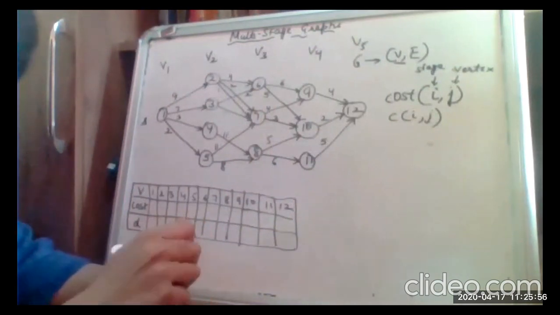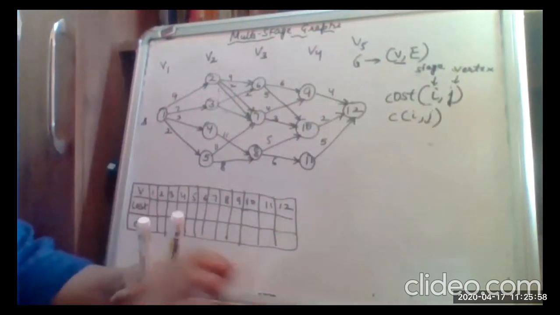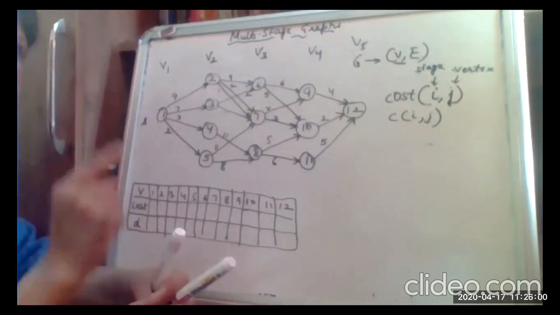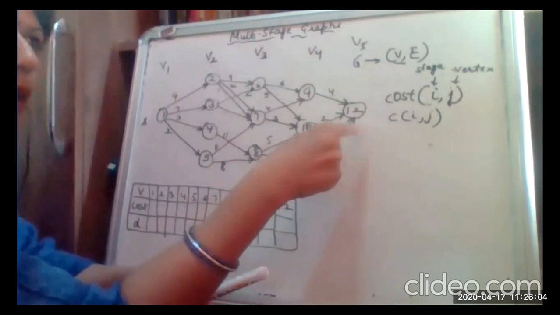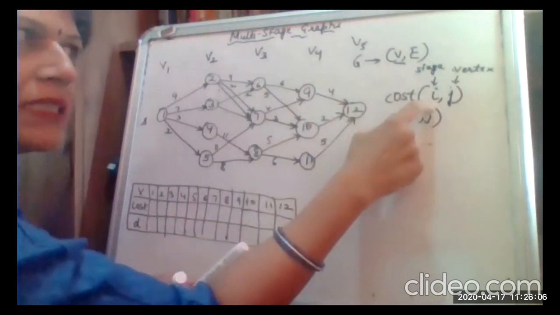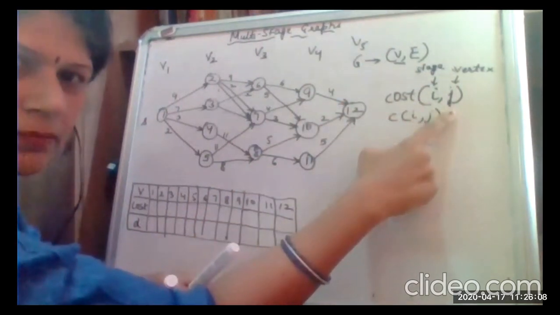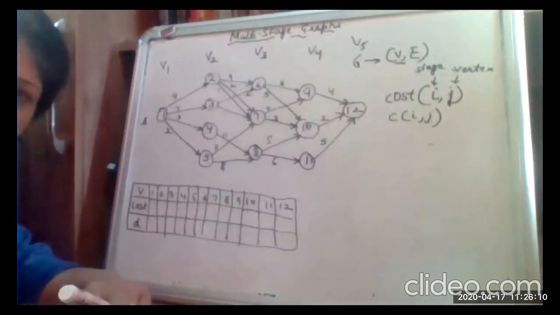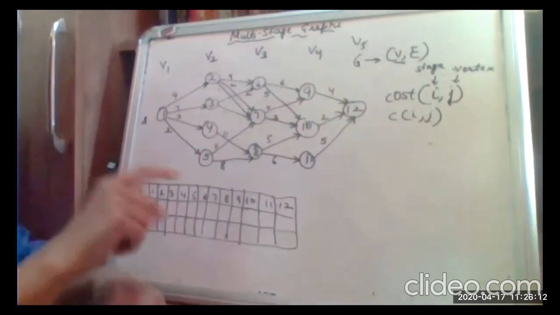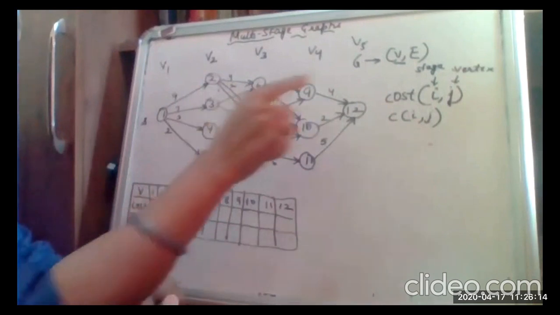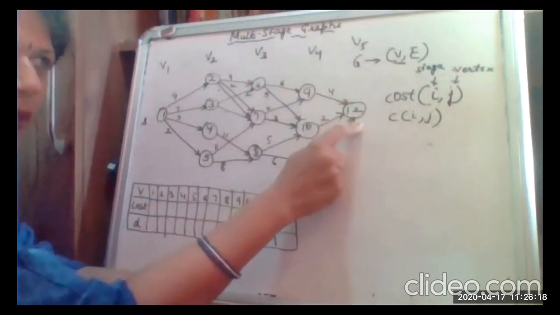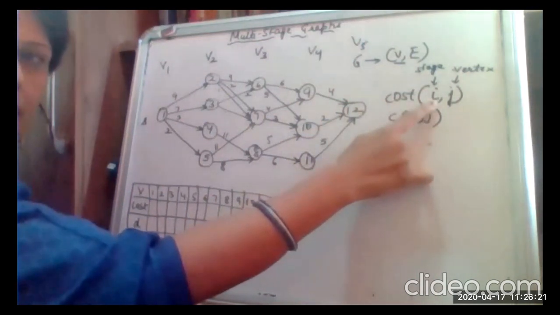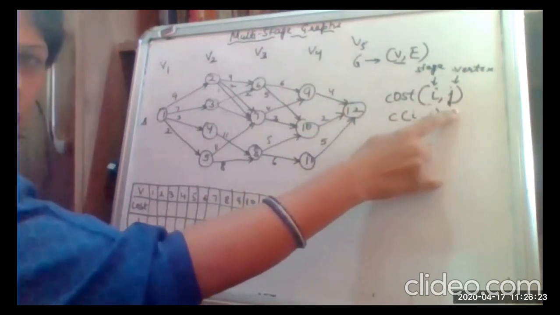Cost(i, j) denotes the cost of reaching the sink or the target node from the ith stage jth vertex. I hope this is clear. Yes. What is the cost of reaching the sink, that is the last vertex, from the ith stage jth vertex?